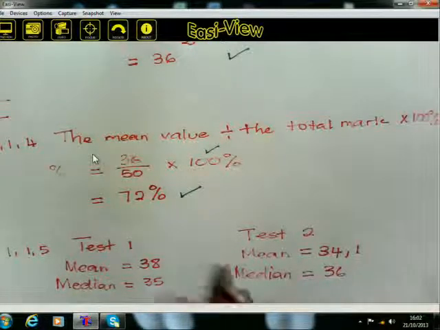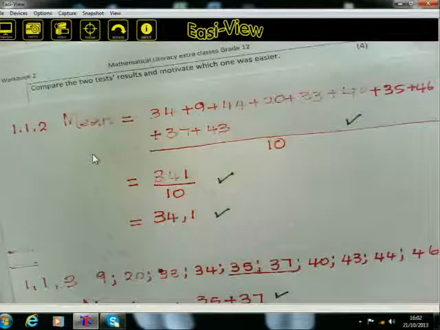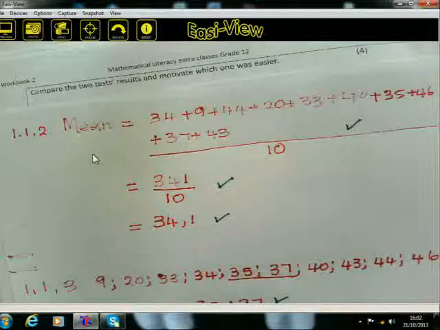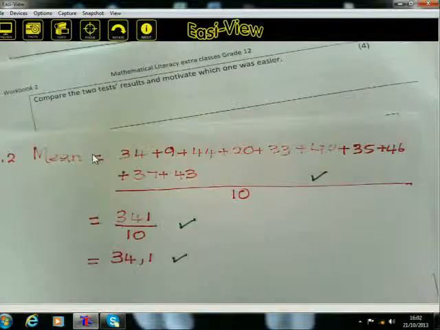So now, as the question says, you now had to compare. Let us read. Now you had to compare the two test results. We compare the two test results, and we should motivate which one was easier. You can start comparing.